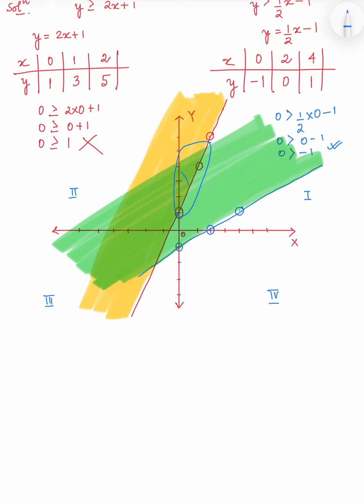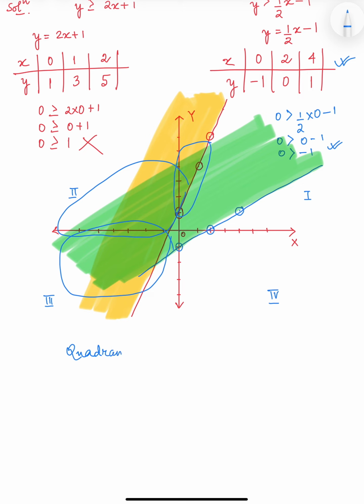This part is in quadrant 2, and this also has both. This part is in quadrant 3, and this also has both. Now in quadrant 4, only this line has some part of the solution, but this line definitely hasn't. So quadrant 4 has no solution.